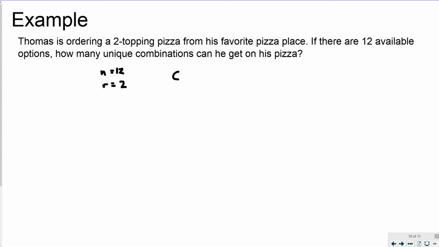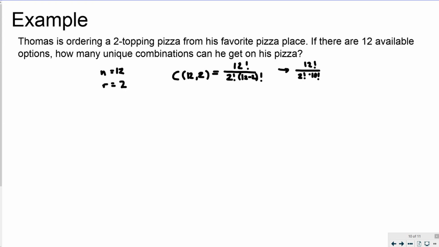So we're going to do the combinatoric equation for combos here of 12 picking 2 at a time. And that gives us 12 factorial on the top over 2 factorial times (12 minus 2) factorial, which would be 12 factorial on the top over 2 factorial times 10 factorial.